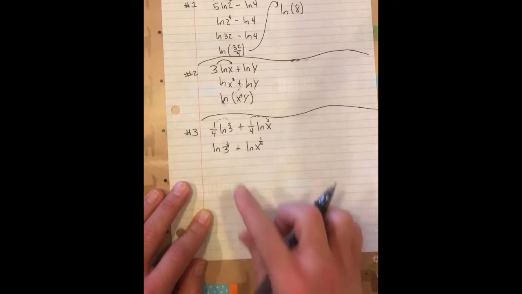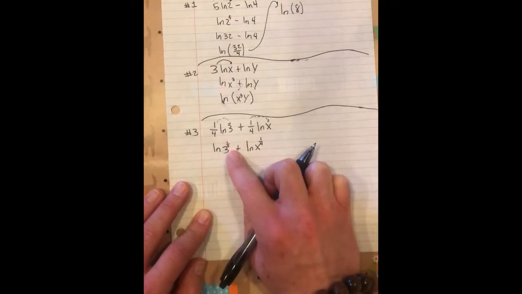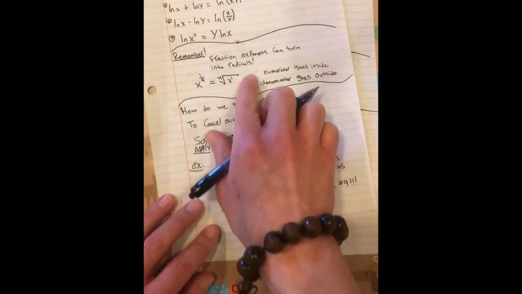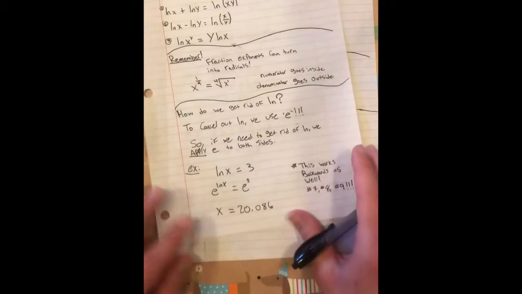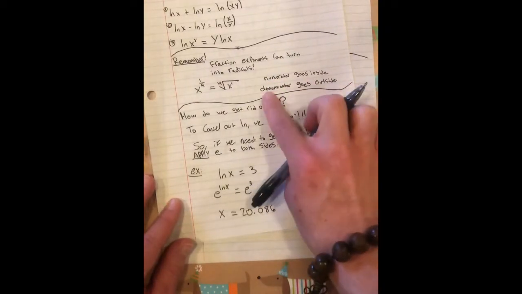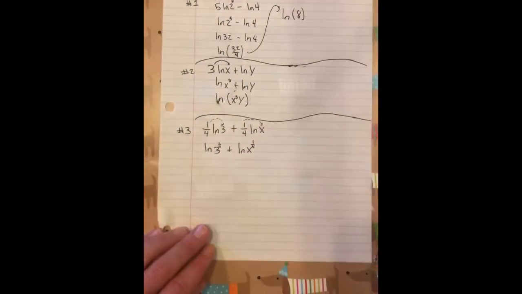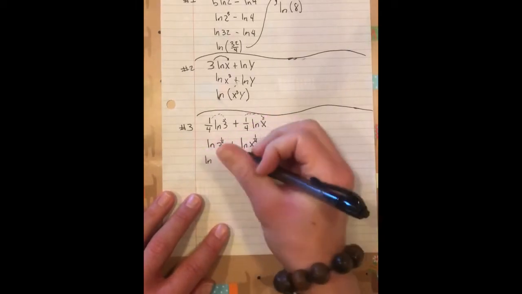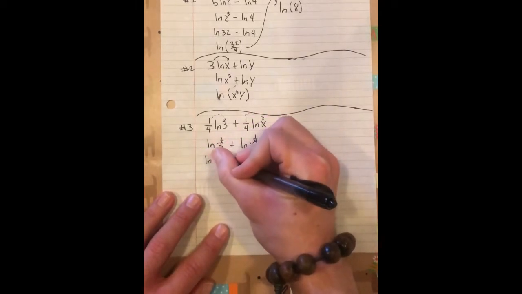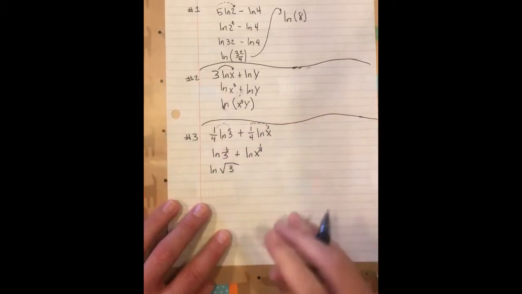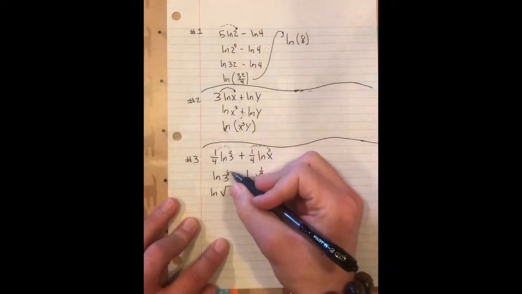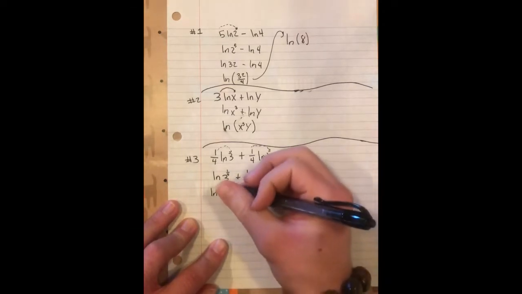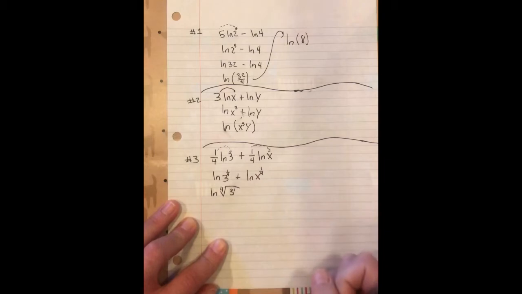Now, what do fractioned exponents turn into? They turn into radicals. So again, numerator goes inside, denominator goes outside. So we have ln where the numerator goes inside, the denominator goes outside.